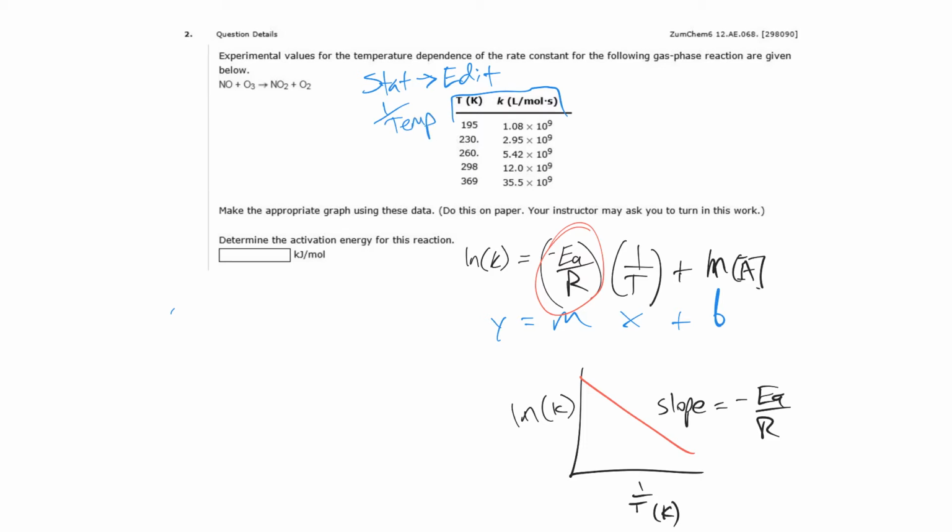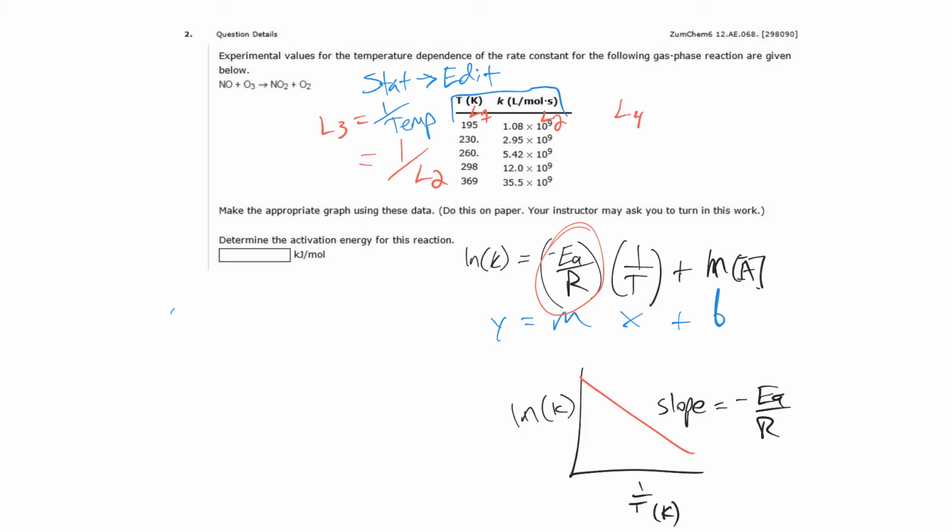So for example, let's say that I entered temperature data in the column L1 under my Stat Edit menu, and I entered the rate constant data under L2, and then I highlighted L3, and you have to go up to L3 and hit enter in order to get the cursor to flash there, and I want that to be equal to the inverse of temperature. Well, I wrote 1 over L2 by hitting second and the number 2, and then hit enter, and it populated the L3 column for me.